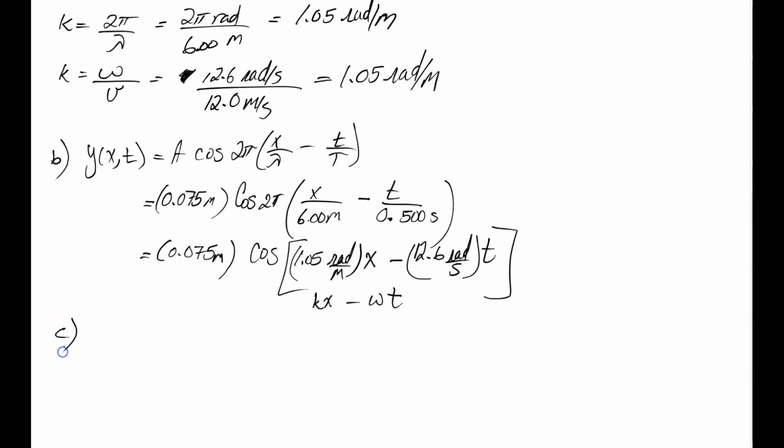For part C, we're asked to find the function for displacement as a function of time when the position, so we want to find the y value when x is 3 meters and t is t. So that's plugging in the values.